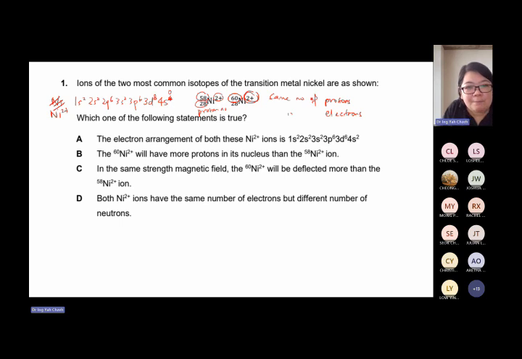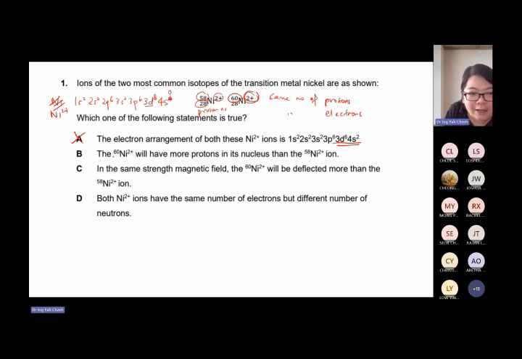So now let's check. The electron arrangement for both these nickel 2+ ions is 1s2, 2s2, 2p6, 3s2, 3p6, 3d6, 4s2. This part is not correct. It should be 3d8, 4s0. So A is not correct. Now B. The nickel-60 2+ will have more protons in its nucleus than the nickel-58 2+ ion.